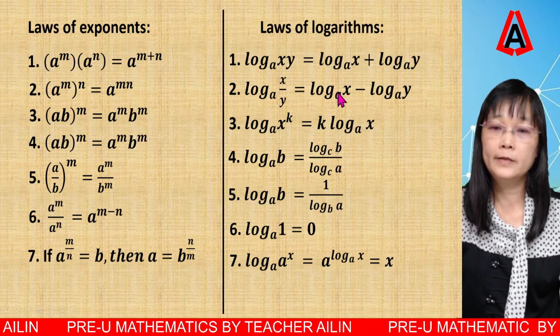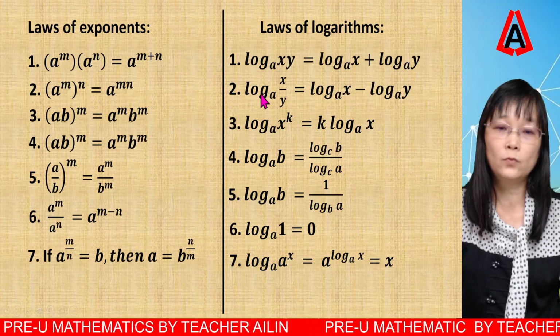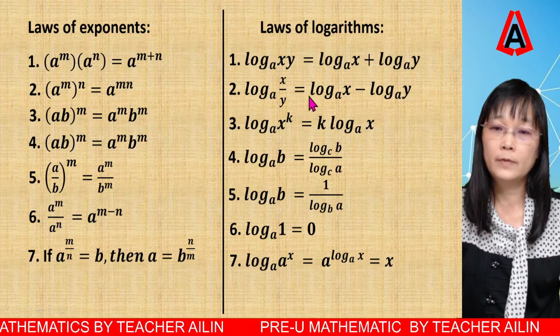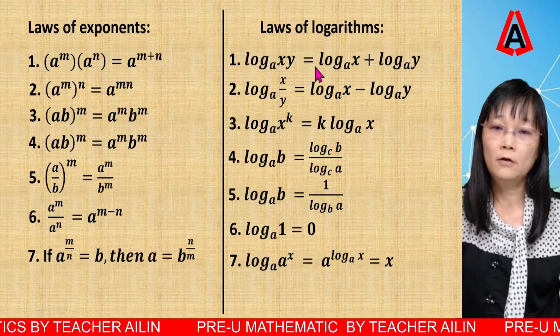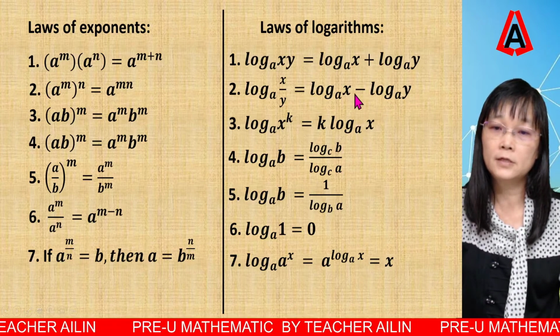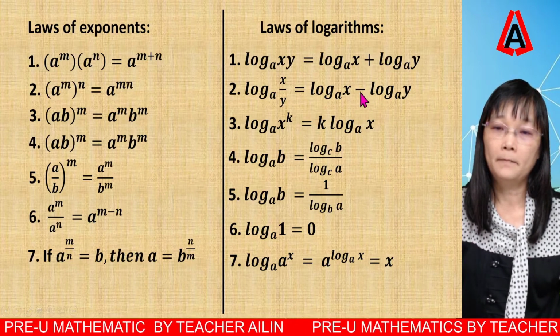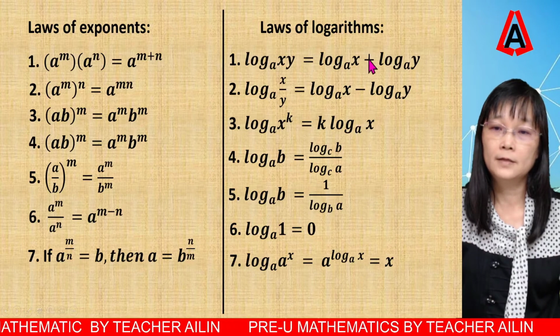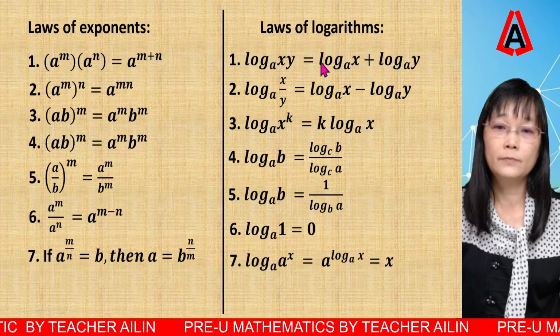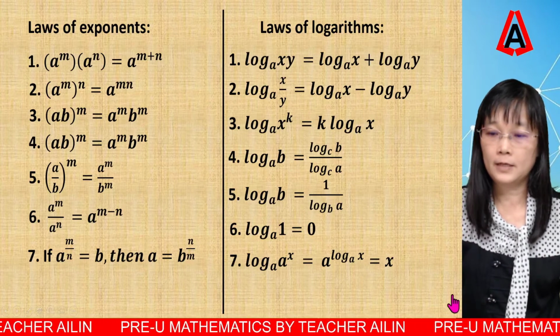To combine two logarithms into one term, we must make sure that the coefficient is equal to 1. And when we combine, minus becomes divide and plus becomes multiplication.